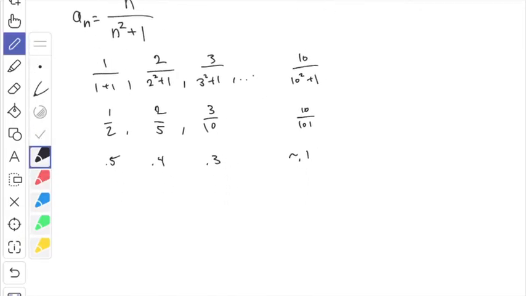So first of all, n over n squared plus 1. Just by looking at this, you can tell this must be positive, right? Say what you will about that, but n itself is positive, and then the denominator is also positive, right? N squared plus 1. So this must be positive. And so that means a_n is greater than 0 for all n.